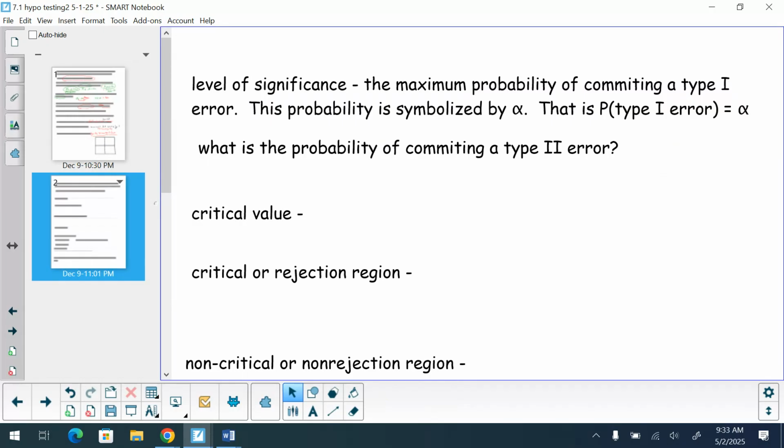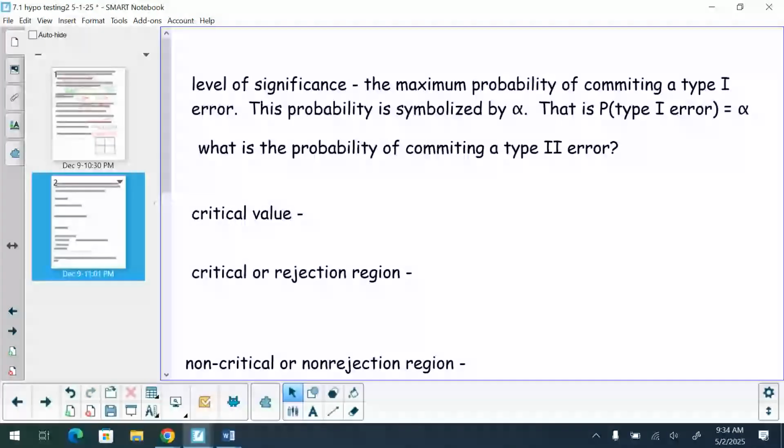Level of significance is the maximum probability of committing a type 1 error. Probability is symbolized by the value of alpha. And everything that we will do in this class will be dealing with alpha. And that's the probability of committing a type 1 error. Within the problem, you'll be given an alpha value, or you'll be given the term level of significance.